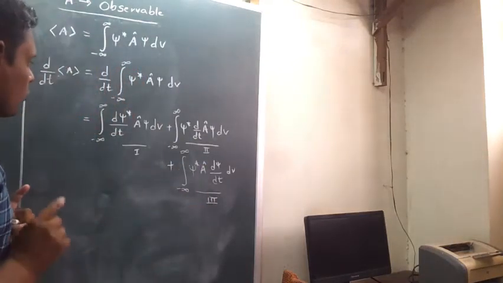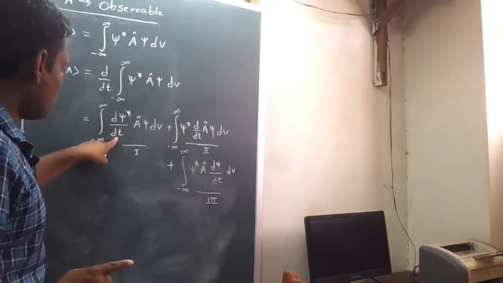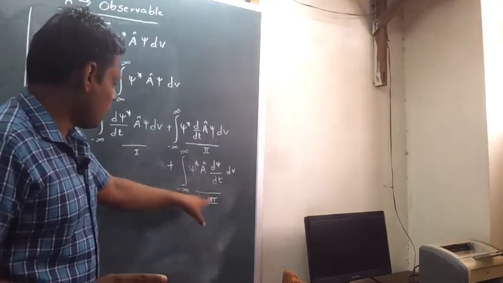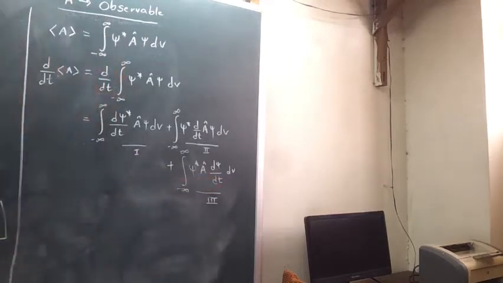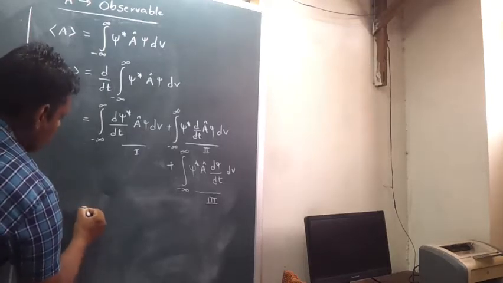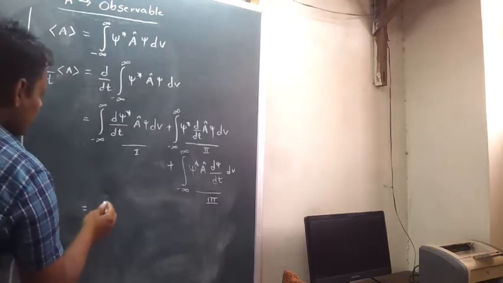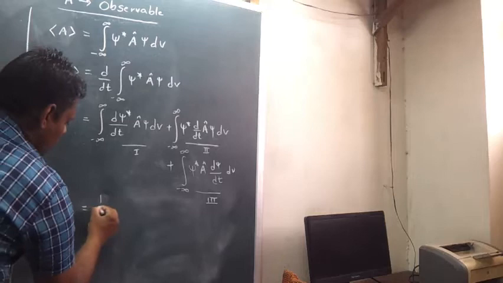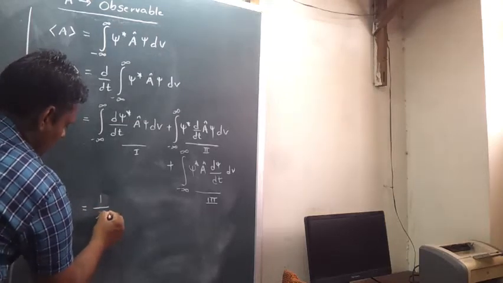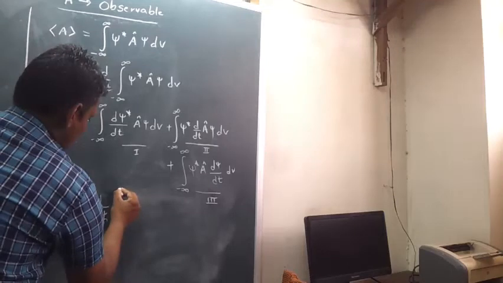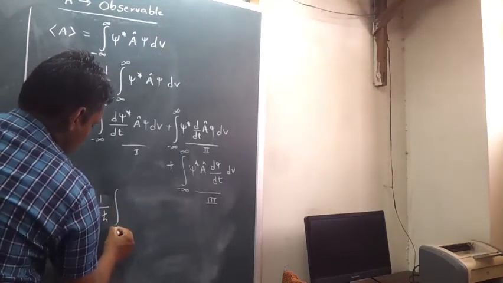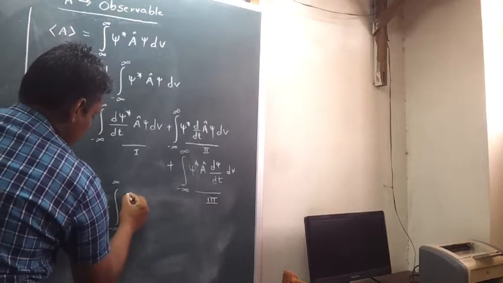We now have to replace the values of d psi star upon dt and d psi upon dt from the earlier results. If I calculate this directly, I take the common 1 upon i h cross and the integration from minus infinity to plus infinity.